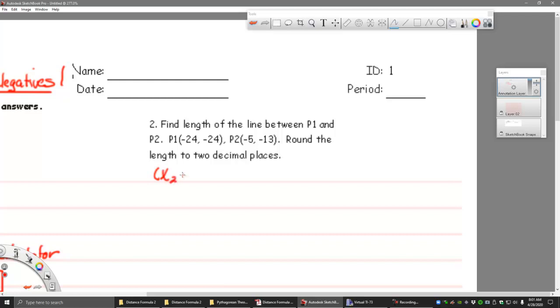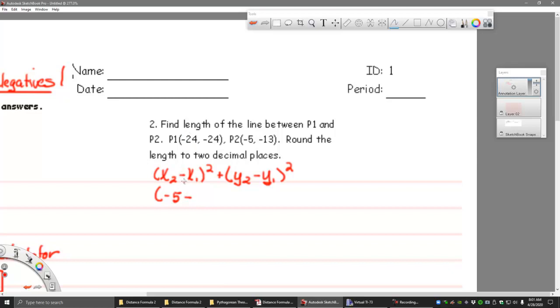So x2 subtract x1, we'll square it, and I will add y2 minus y1 quantity squared. That's why I'm using the parentheses. Okay, so we have a -5 subtract a -24.